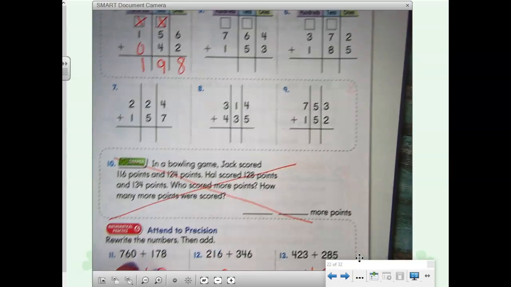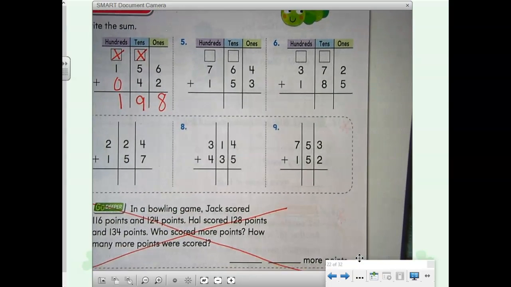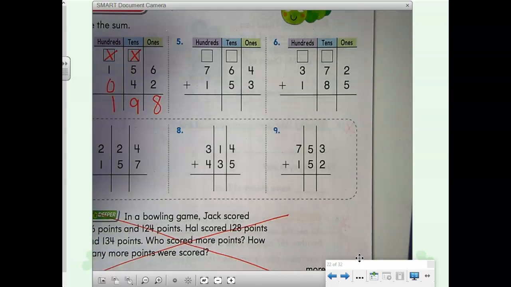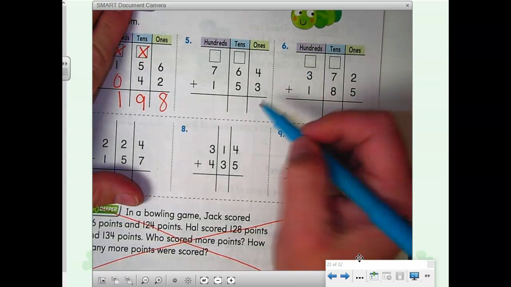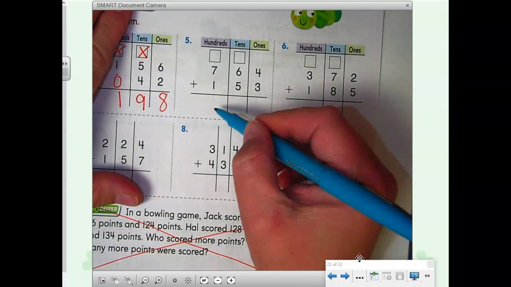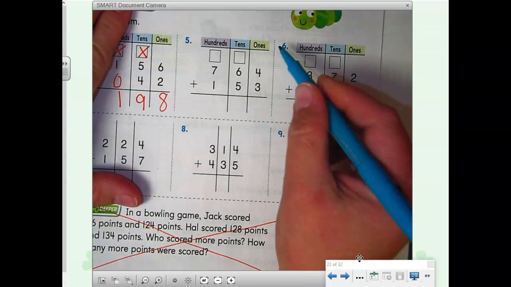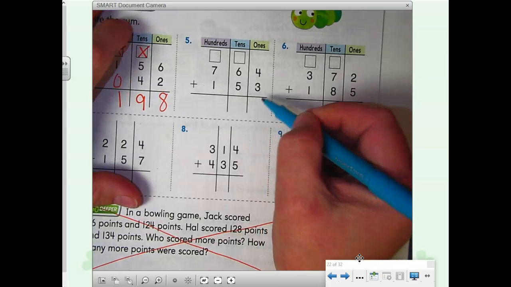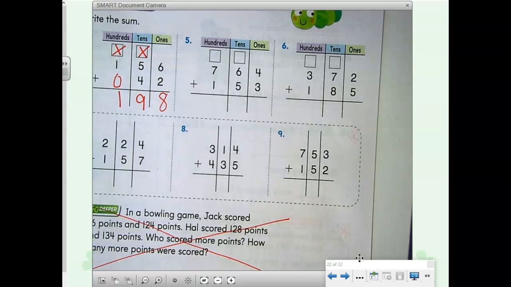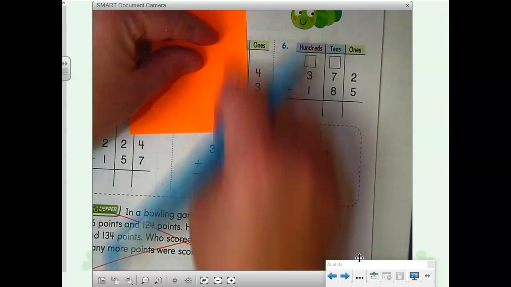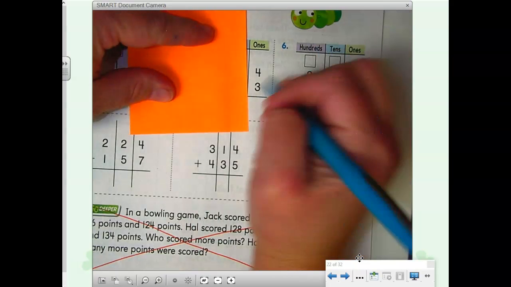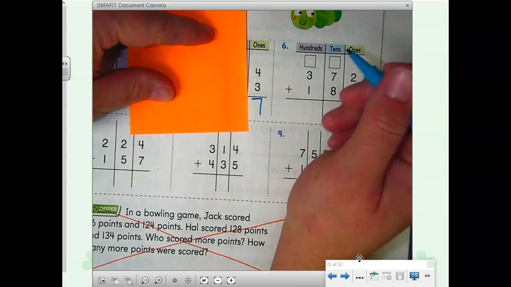I'm going to make mine a little larger so you guys can see it. Alright, I have 764 plus 153. Start with your ones. 4 plus 3 equals 7. Alright, do I need to regroup?